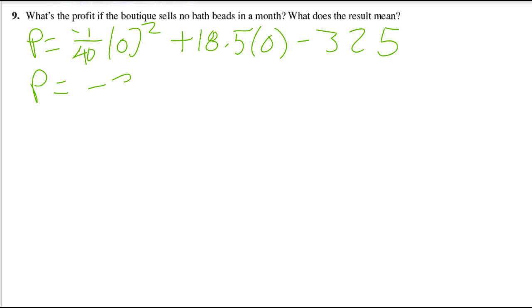So the only thing you have is $325. Okay. What does that result mean? If you raise the price so much that you sell no bath beads, you still have to pay your fixed costs, is what that means.